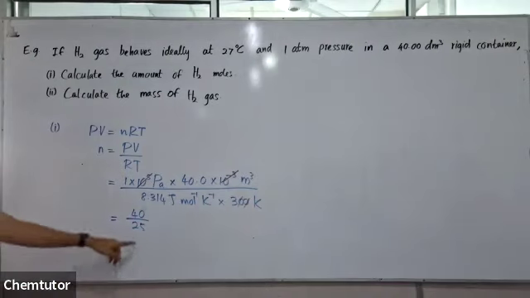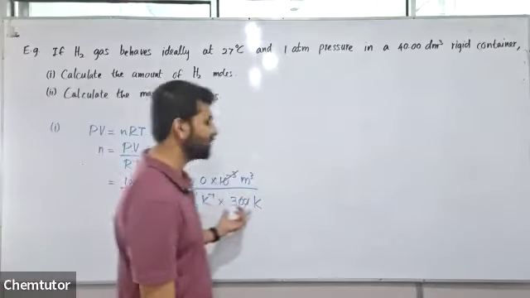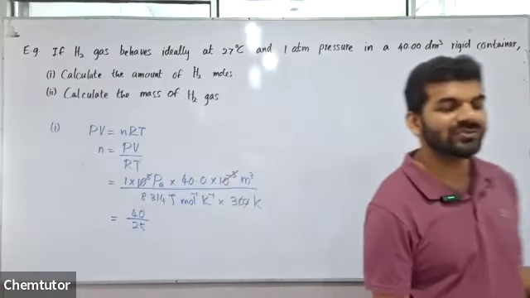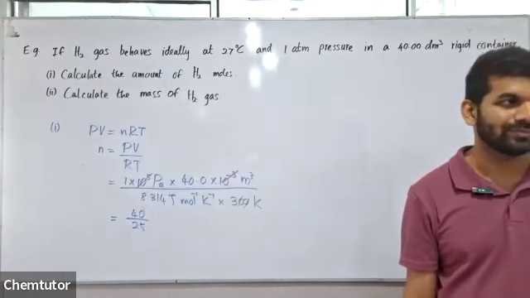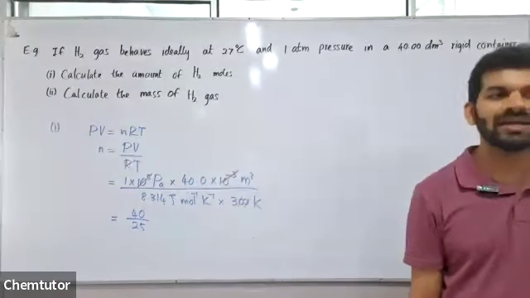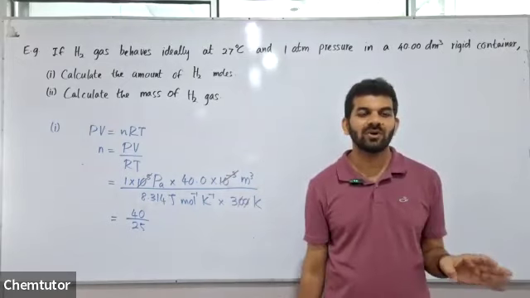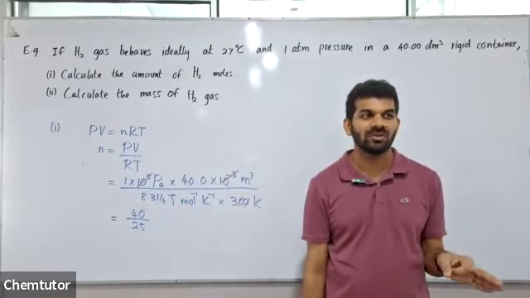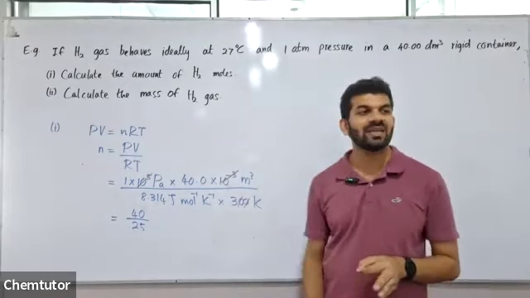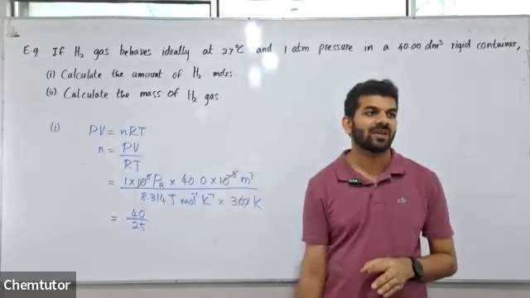Okay, how did I get this 25? Because 8.314 into 3 is 24.942. For our convenience, we can take it as approximately 25.